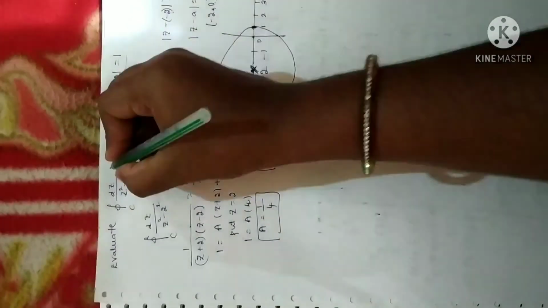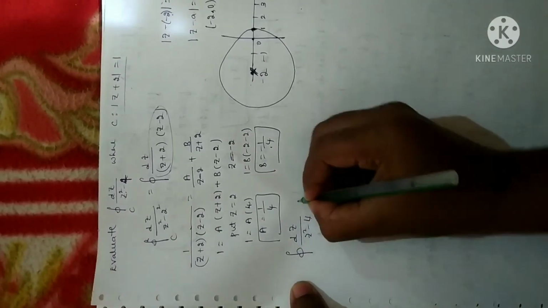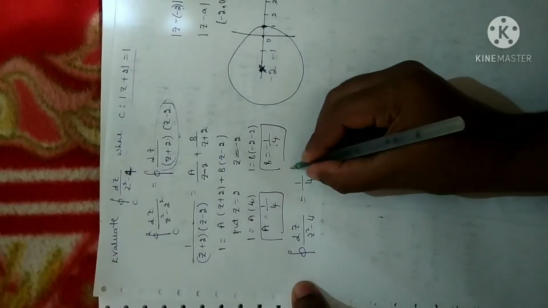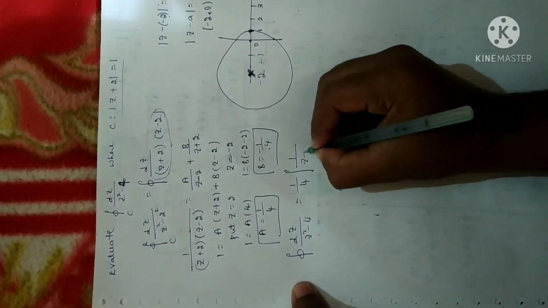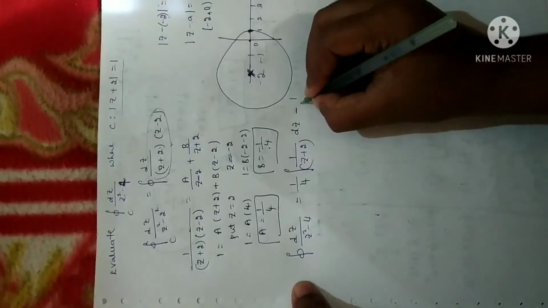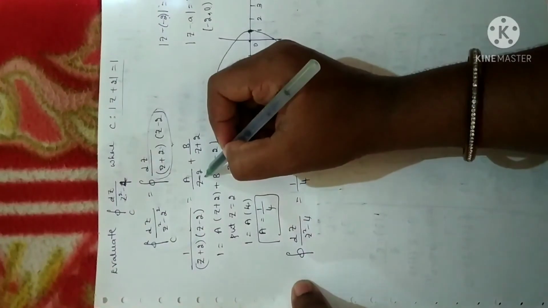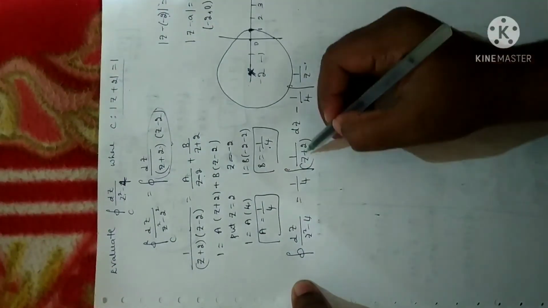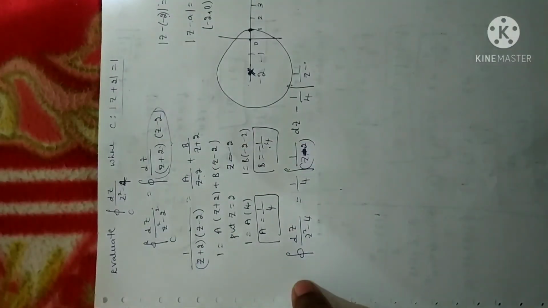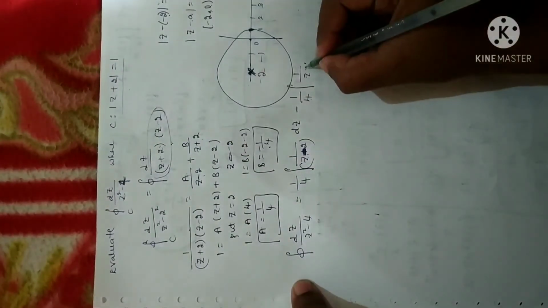Now the given problem, dz divided by z square minus 4, can be written as 1 by 4 into 1 divided by z minus 2 into dz, plus B value, which is minus 1 by 4, so minus 1 by 4 into 1 divided by z plus 2 into dz.